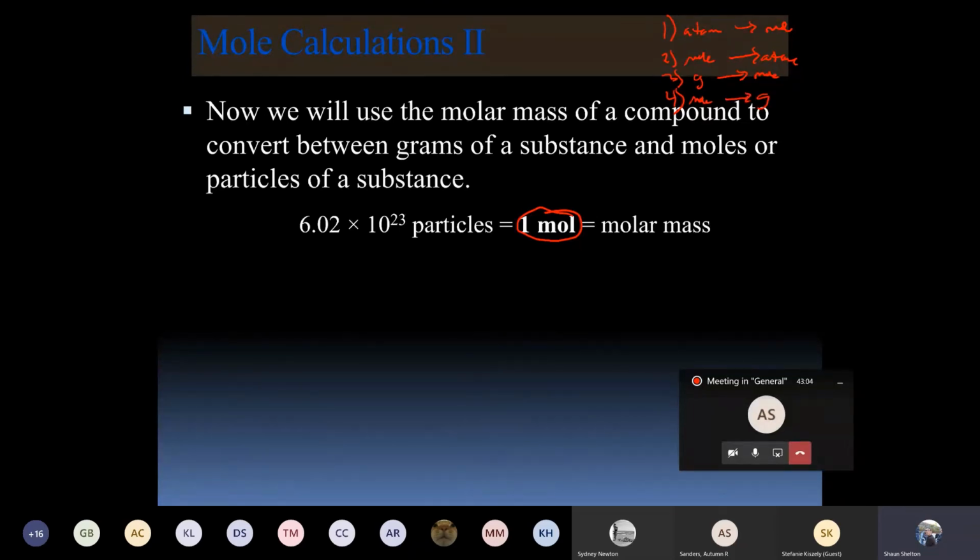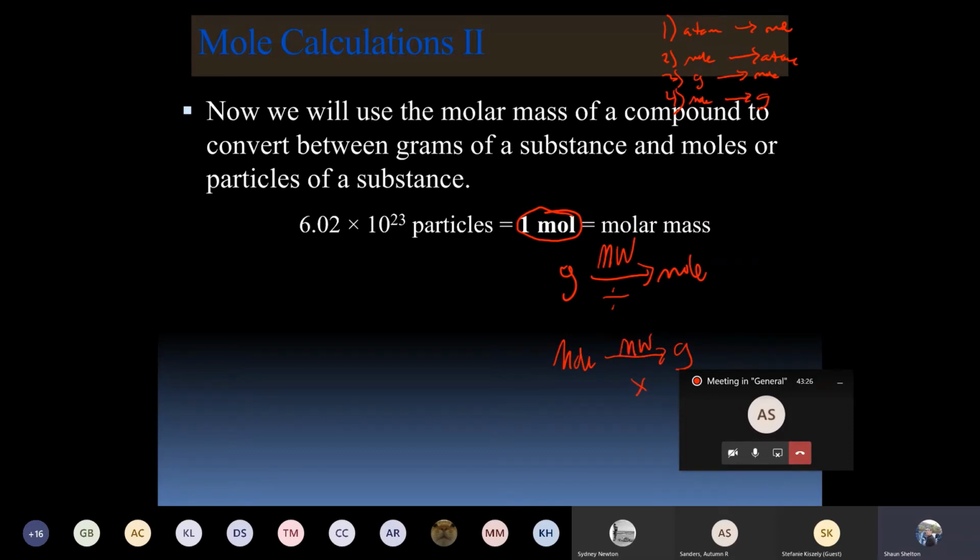Now to convert grams into moles, I'm going to write this bigger so we can see it here. What I'm going to do is divide by the molar mass. If I want to convert moles into grams, I'm going to multiply by the molar mass.